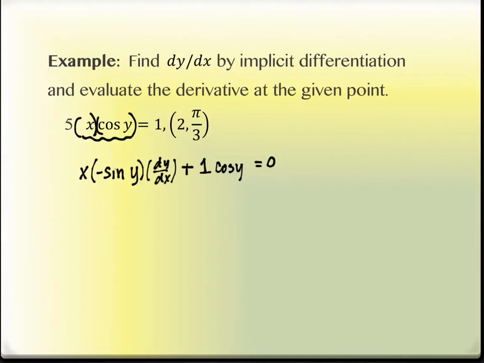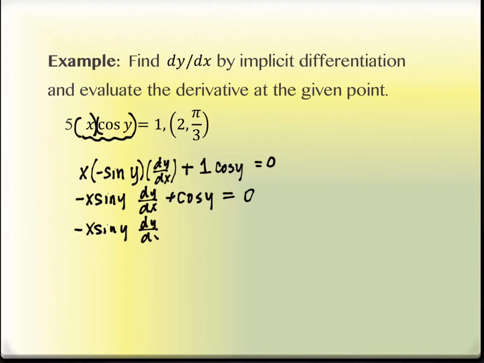All right, we can clean it up a little bit, so solve for dy dx. So I have negative x sine y dy dx plus the cosine of y equals 0. I need to isolate the dy dx, so I'll shift my cosine to the other side. So I have negative x sine y dy dx equals negative cosine of y. And then what will I do? Yeah, I'll divide.